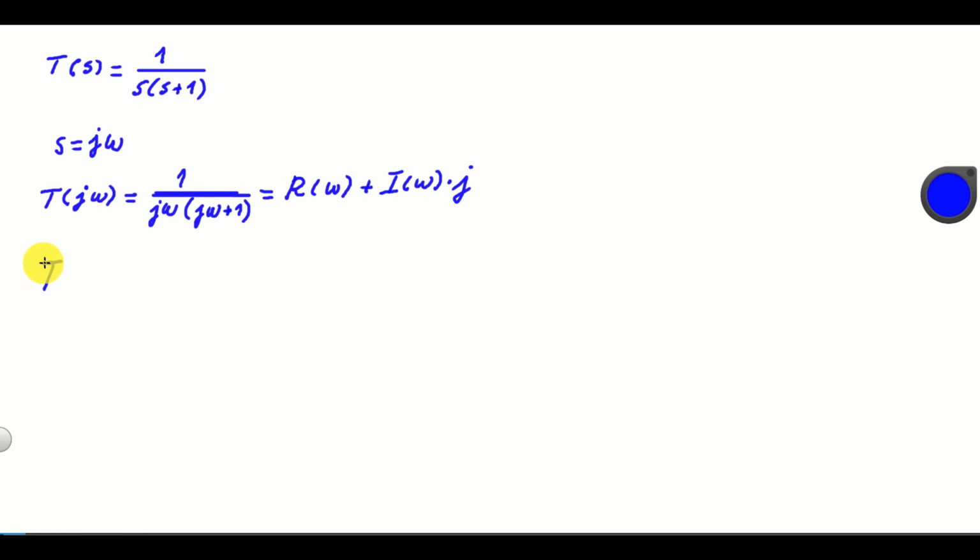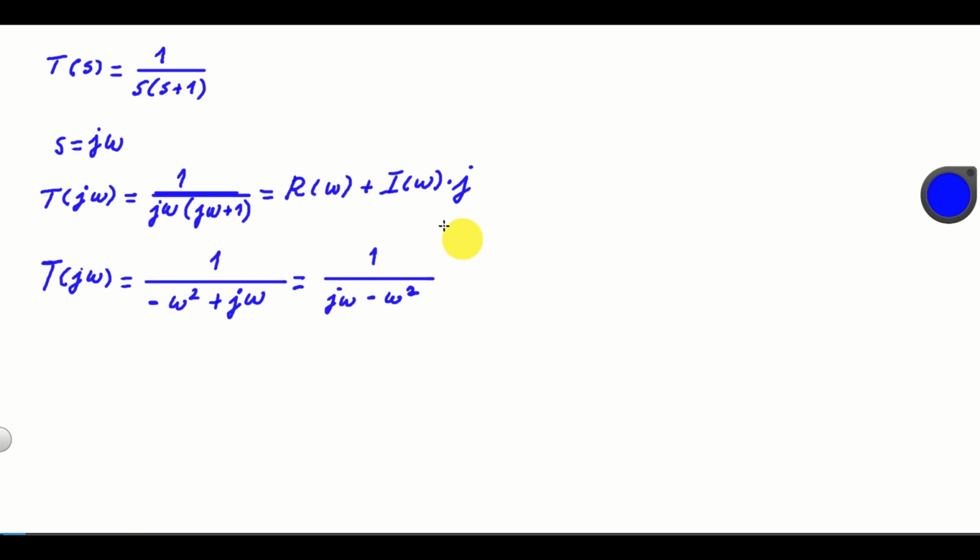We have T of j omega is equal to, in the numerator we have 1, in the denominator we have minus j omega multiplying j omega is minus omega squared, and over here I have j omega multiplying 1, that's simply plus j omega. I can write this expression like this: 1 over j omega minus omega squared.